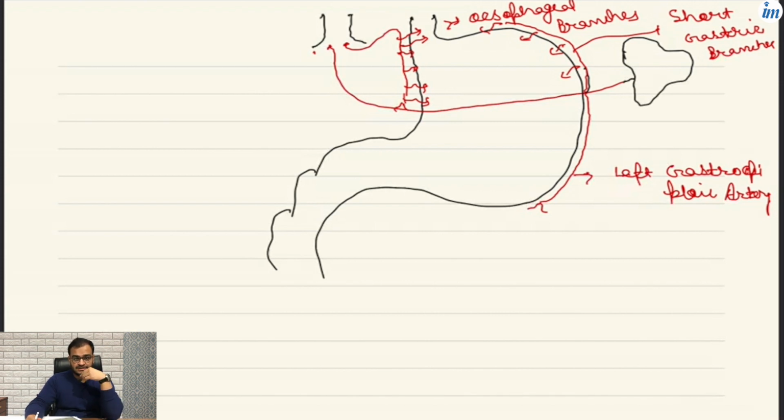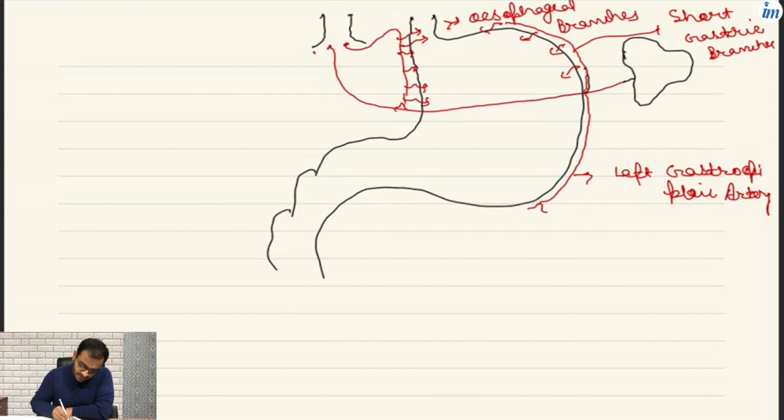The next is the splenic artery, which goes posteriorly from the stomach directly to the spleen till the hilum. From the splenic artery we have one more artery, the short gastric artery, supplying the fundus, and another, the left gastroepiploic artery, which supplies the upper part of the greater curvature of the stomach.